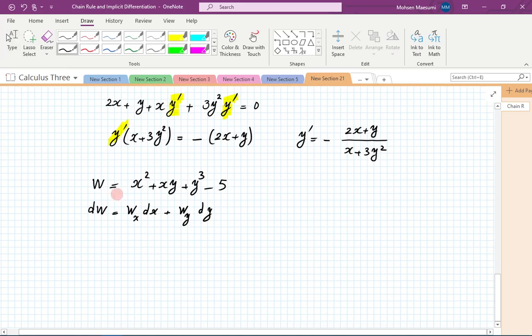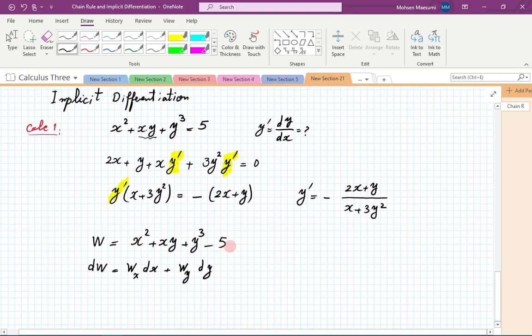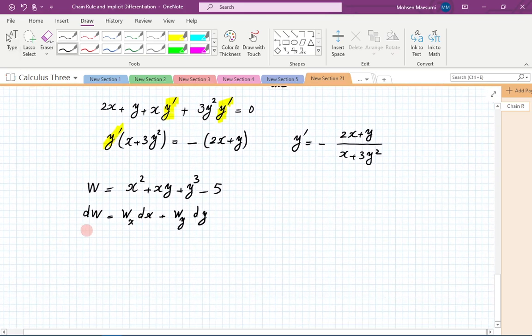Now, if W is a constant, in particular if W is equal to 0, which it is when this is equal to 5, its change, its total differential will be 0.